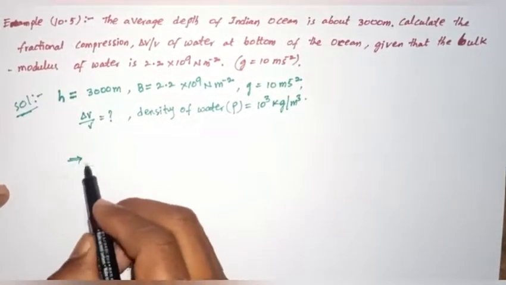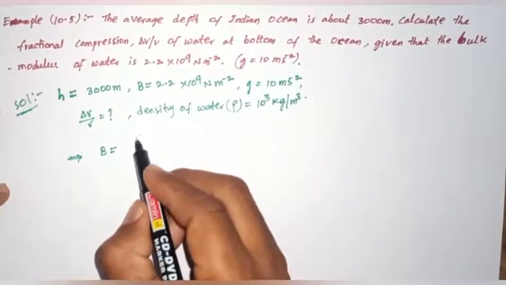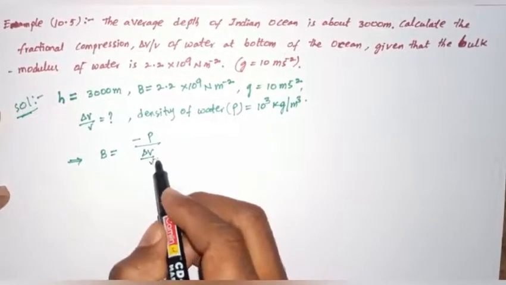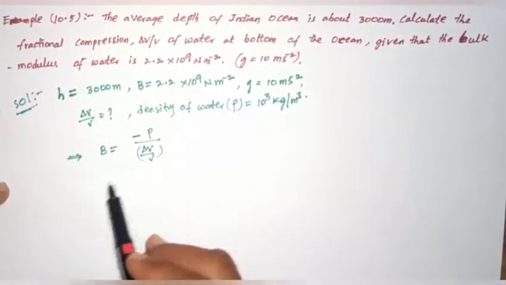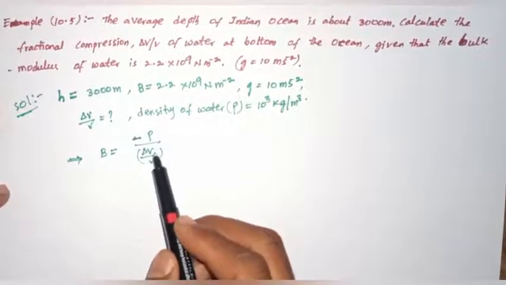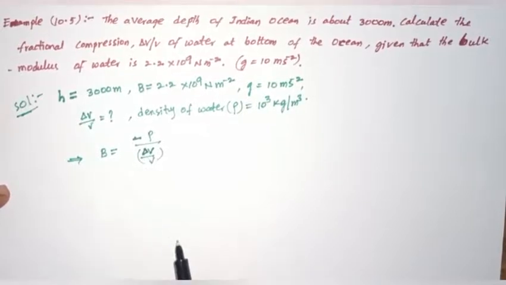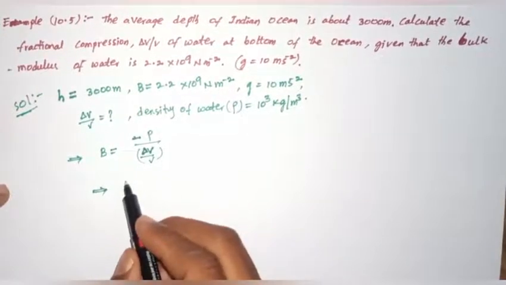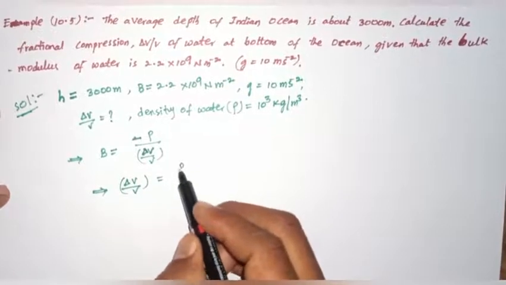Bulk modulus B equals minus P by delta V by V. The negative symbol denotes that when the pressure increases on the body, the volume delta V decreases. So we can take the magnitude only. Then delta V by V equals P by B.